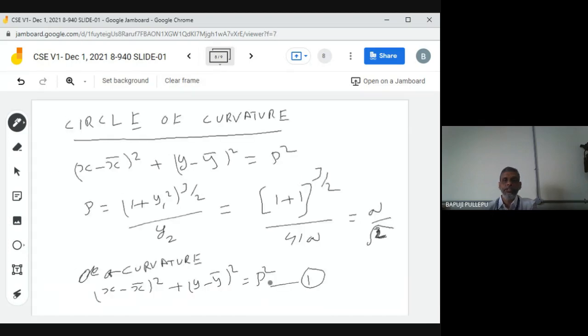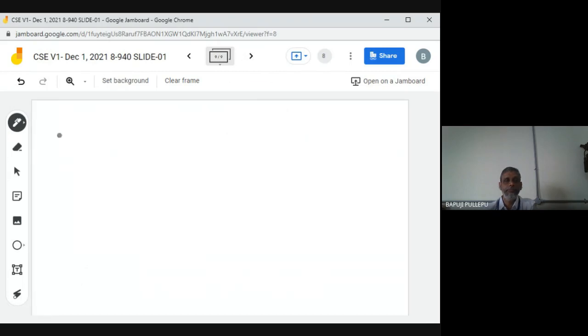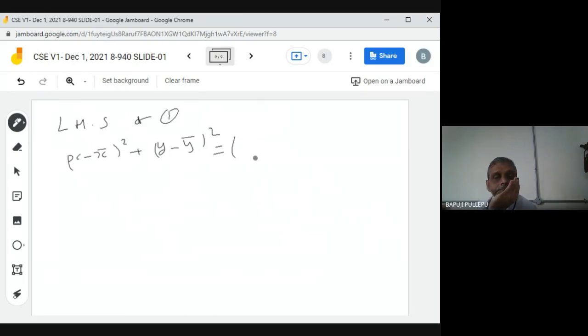Just you can give the equation 1, circle of curvature. Then LHS of 1, what you will get, tell me. Who is the center?